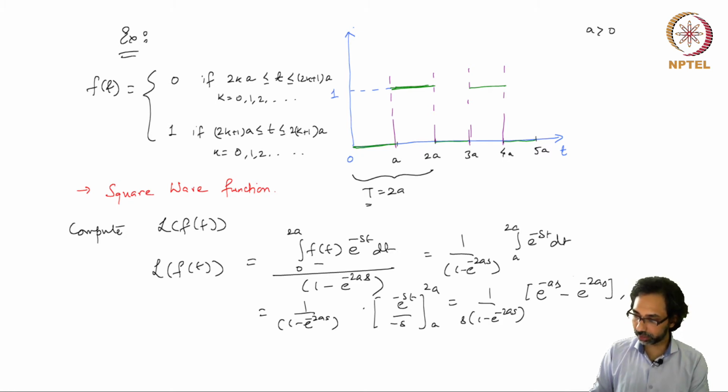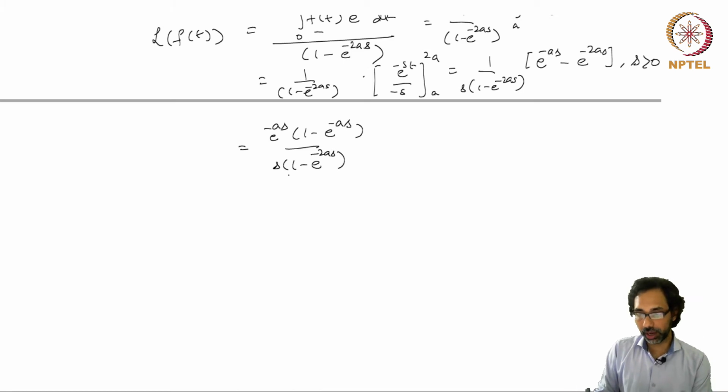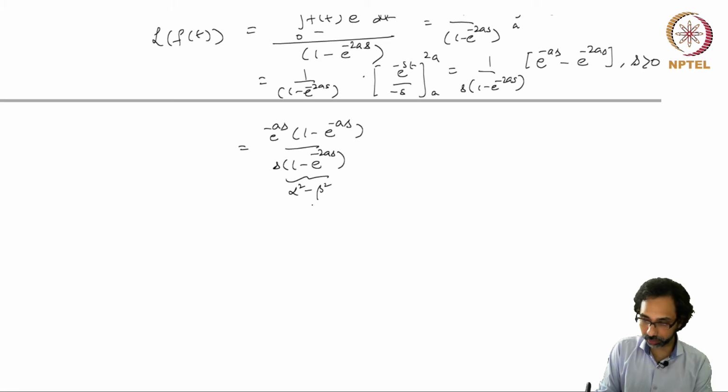And now you can simplify a little bit further. So this is equal to 1 over s times (1 minus e to the power minus 2as), and then you can take out one of the e to the power minus as, so you will get 1 minus e to the power minus as here, and here in the denominator this is of the form alpha squared minus beta squared, where alpha is equal to 1, and beta equal to e to the power minus as.